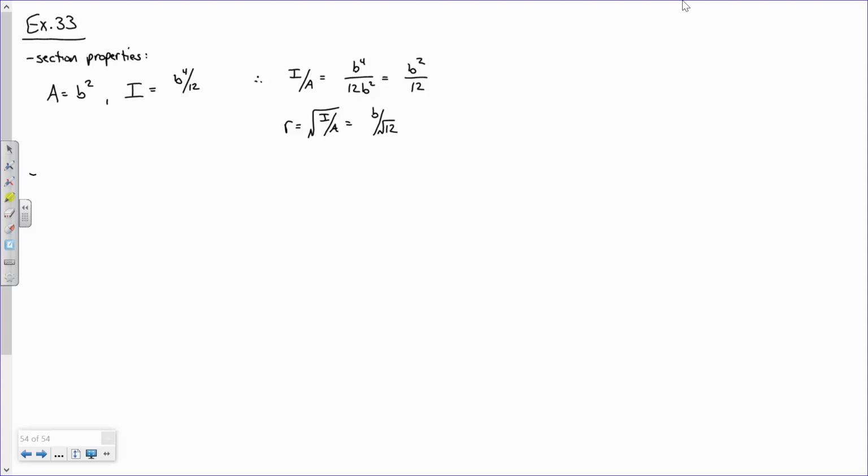Now, let's talk about the length. There are some interesting things to determine there. How long is the column? 10 feet, which is 120 inches. What is K for this column? 1, because it's pinned.